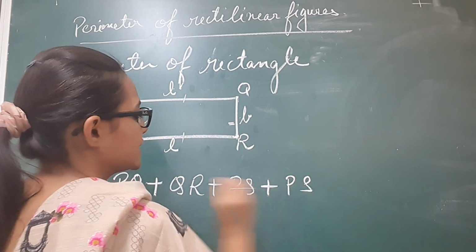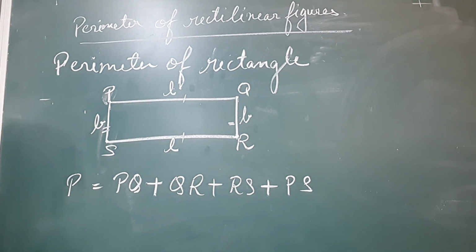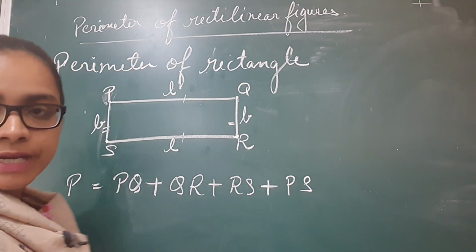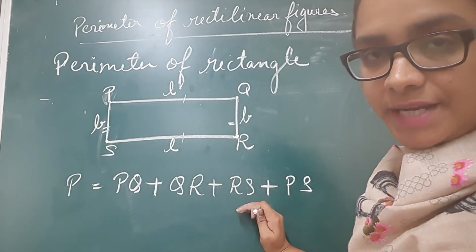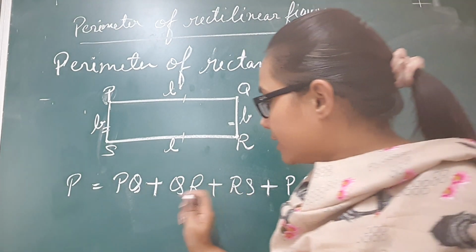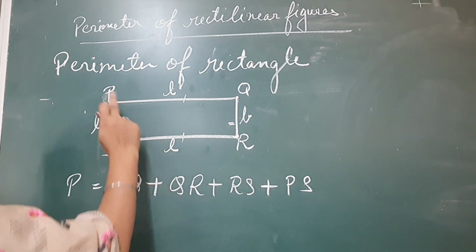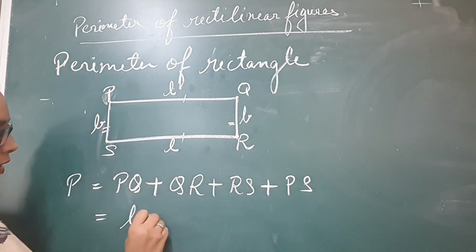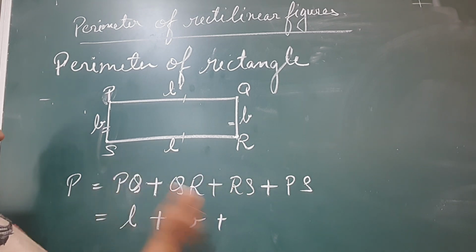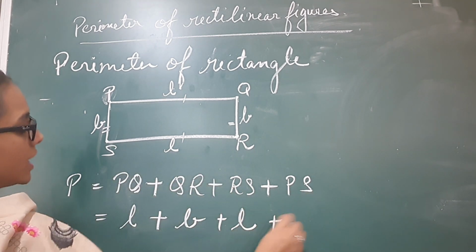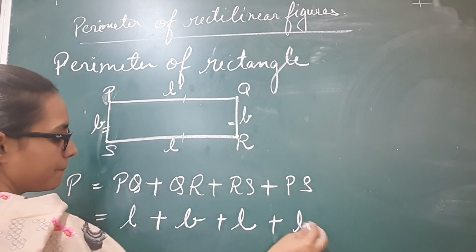PS or SP. As we know, to find the perimeter we have to add all the sides. Here PQ is denoted as small l, QR as b, RS as l, and PS as b.